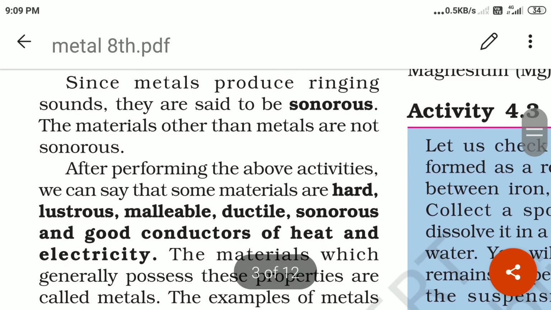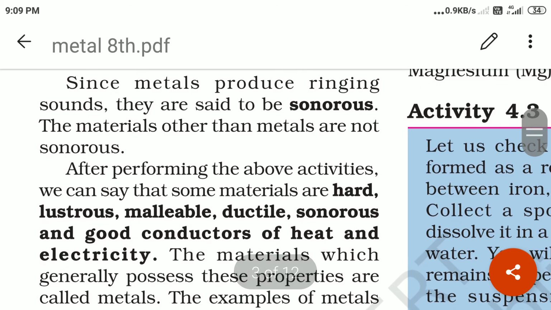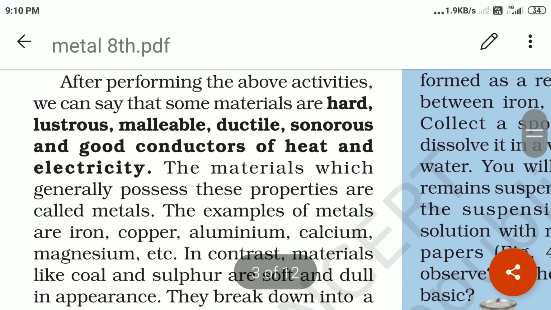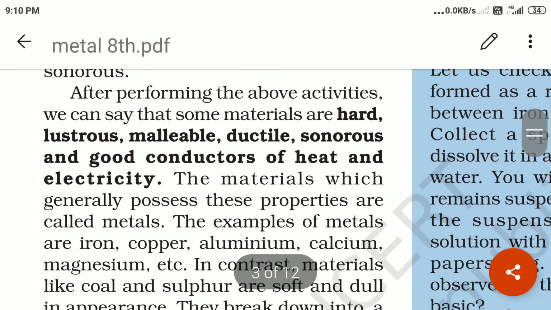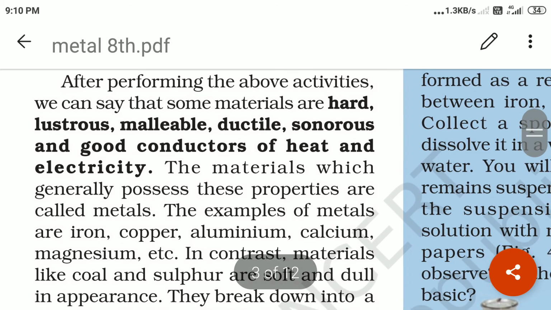After performing the above activities, you can say that some materials are hard, lustrous, malleable, ductile, sonorous, and good conductors of heat and electricity. The materials which generally possess these properties are called metals. Examples of metals are iron, copper, aluminium, calcium, magnesium, and so on.